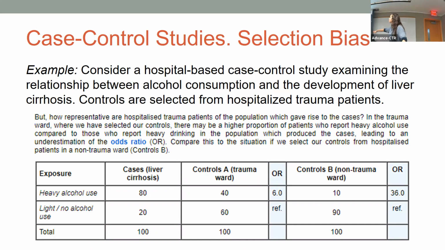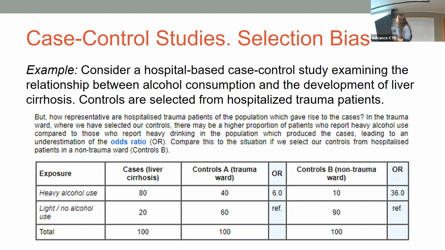If we read through this very quickly, essentially this is a hospital-based case control study that is looking at how alcohol consumption is associated with the development of this liver outcome. Originally they select controls to come from hospitalized trauma patients. So their cases are individuals who have this liver disease, and their controls are individuals from the trauma ward.